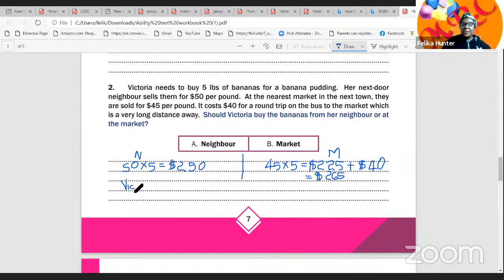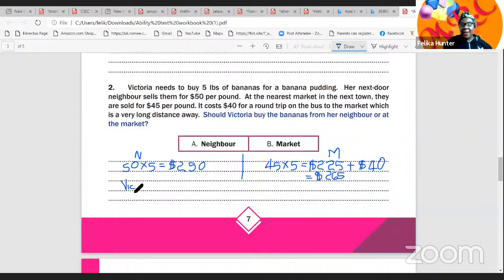I won't be able to write it, but I'll tell you the statement. So Victoria should buy the bananas from her neighbor.